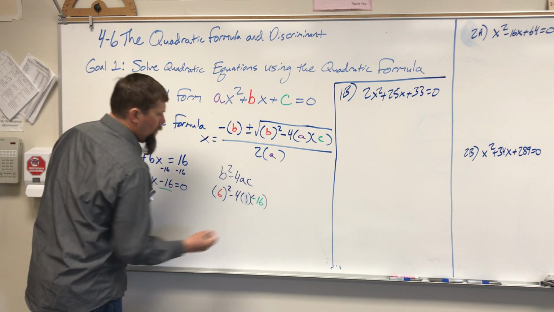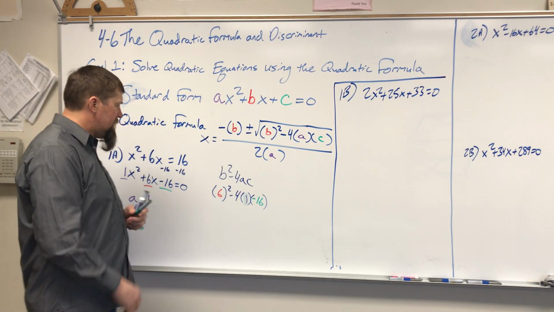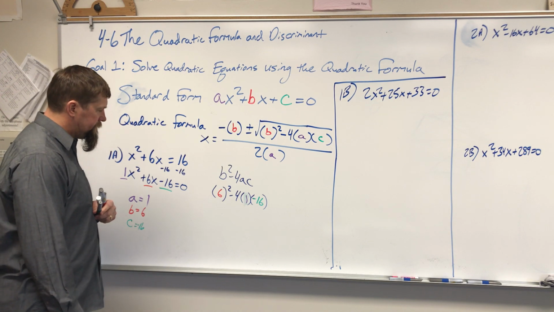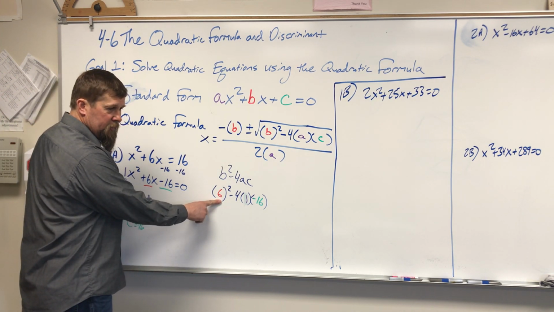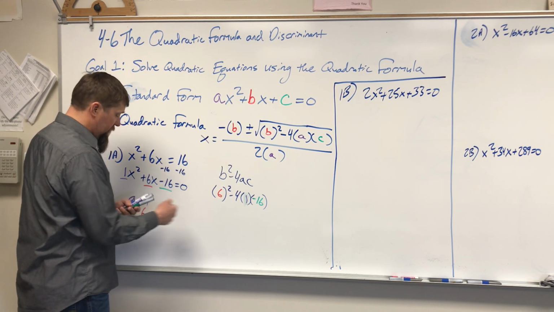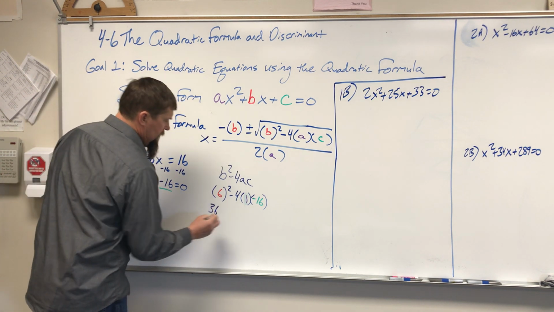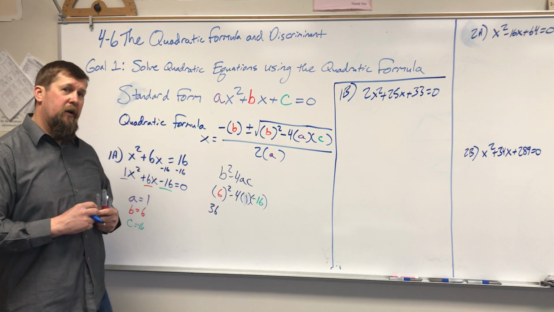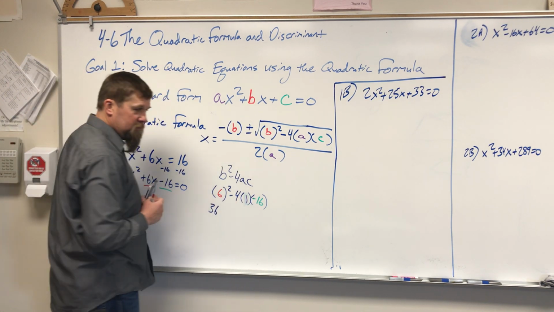Now, when you calculate the discriminant, or b squared minus 4ac, order of operations is very important to use here. B squared, that should come first. That is 36. The next thing I like to do when I figure out the discriminant is I look at how many signs I'm multiplying together.